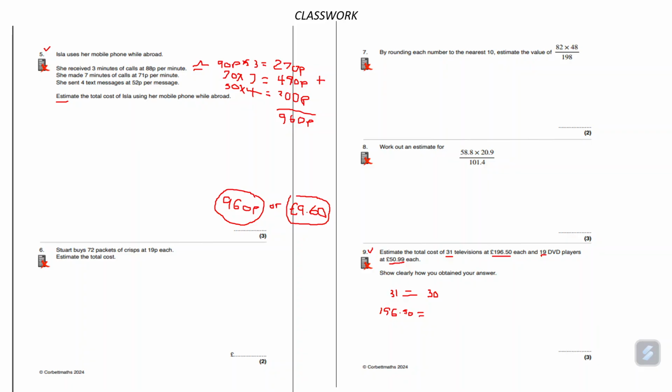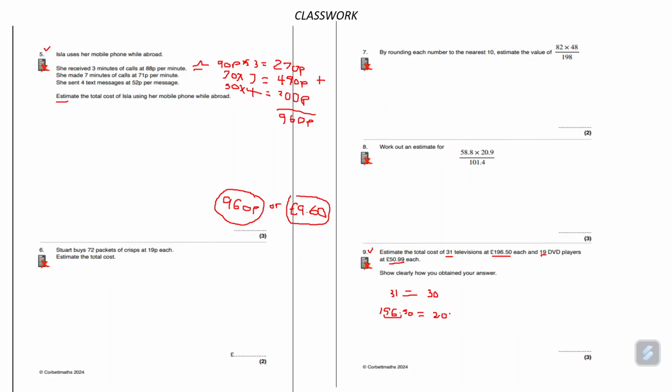Better still, even if you convert this, it will be 197. But remember, we are rounding to the nearest 100. So you consider the last 2 digits here, which is 96. So rounding this to the nearest 100, it becomes 200.